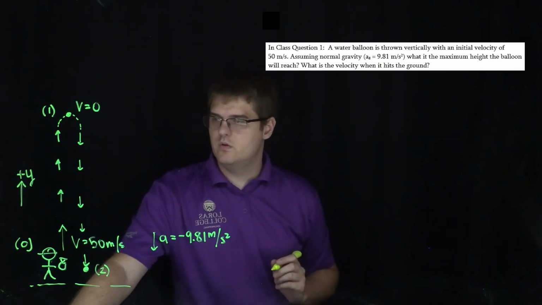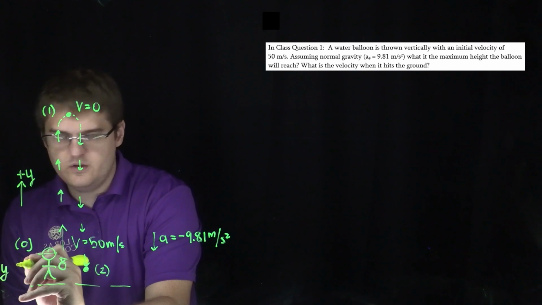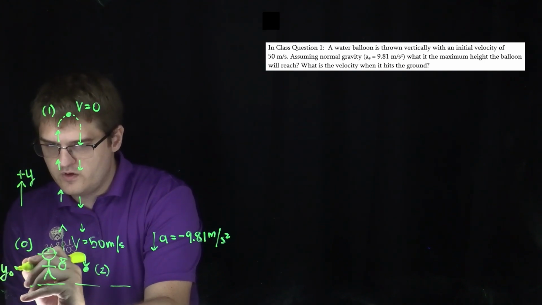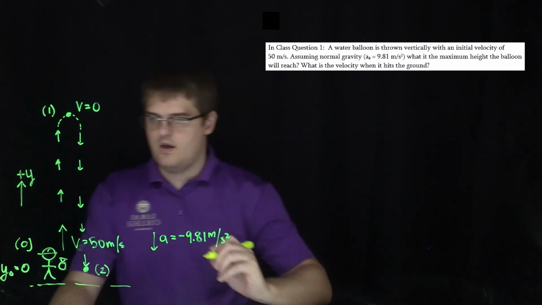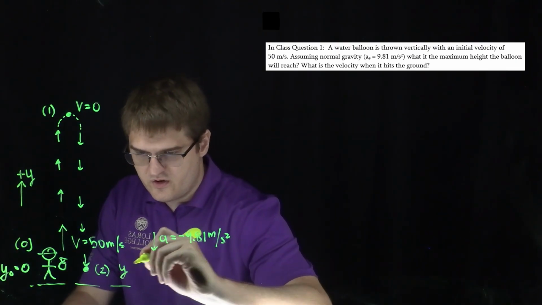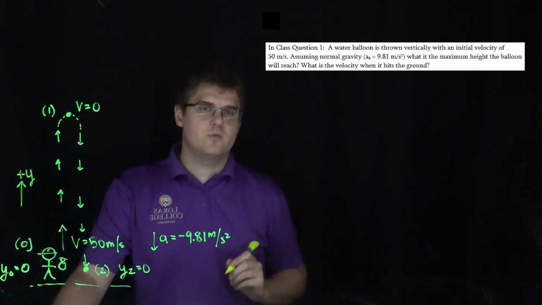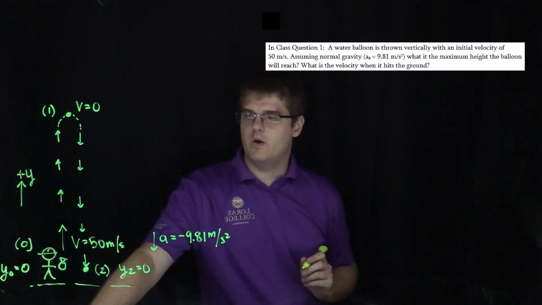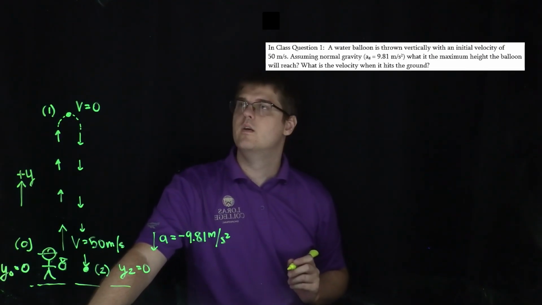And what we know is that y, our position at time 0, is 0. It's on the ground. And our position at time 2 is also equal to 0 because we're back on the ground. We want to know when the water balloon hits the earth, how fast is it going?